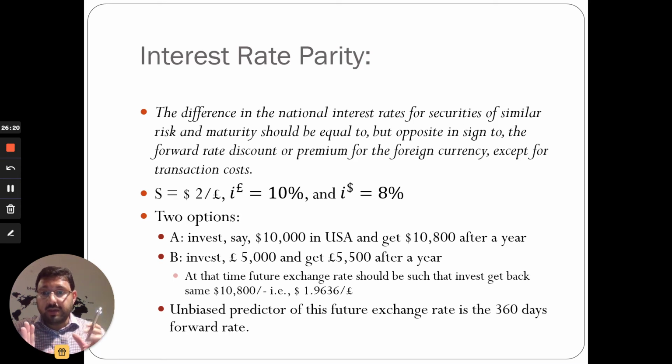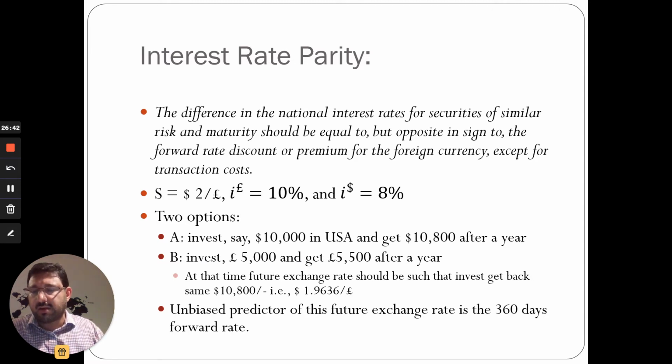So if he invests in pounds and books today at the 1 year forward rate, where he will be selling his 5,500 pounds at the 1 year forward rate of $1.9636 per pound, he'll end up getting the same 10,800.